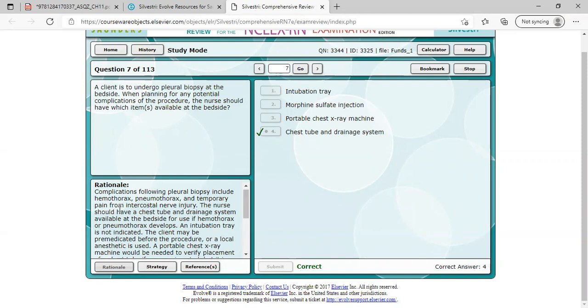Temporary pain from intercostal nerve injury is also common. The nurse should have a chest tube and drainage system available at the bedside for use if hemothorax or pneumothorax develops as a complication. An intubation tray is not indicated.